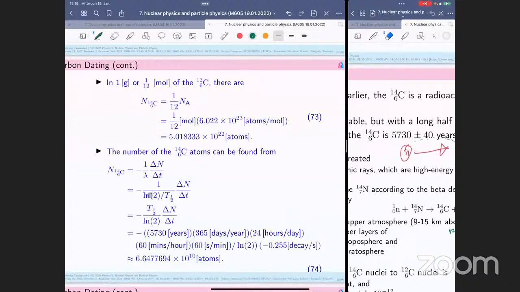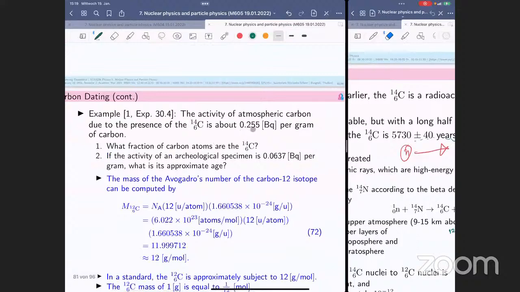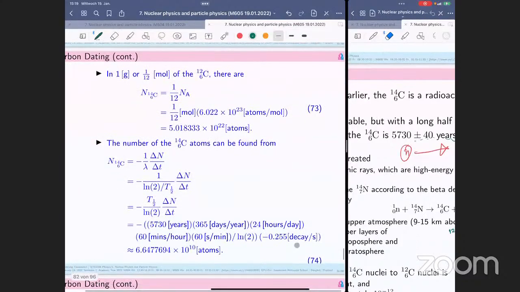The decay constant is ln2 by half-life, and delta N by delta t is the rate of change of nuclei per time, which is the activity actually. So the activity is known as 0.255 becquerel, which means 0.255 nuclei decay per second.